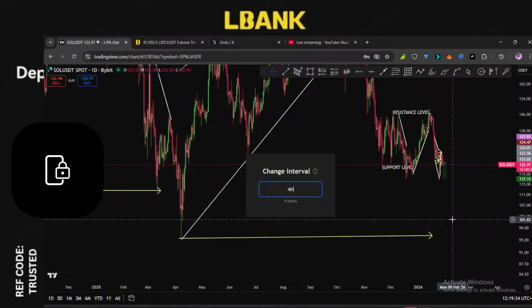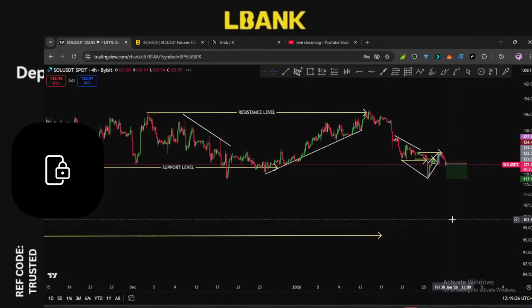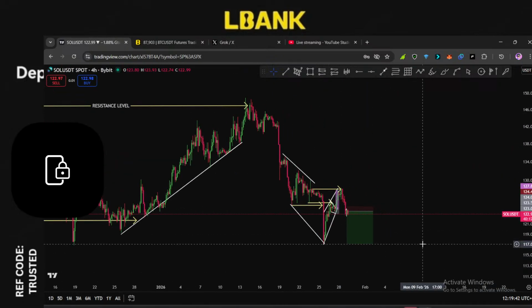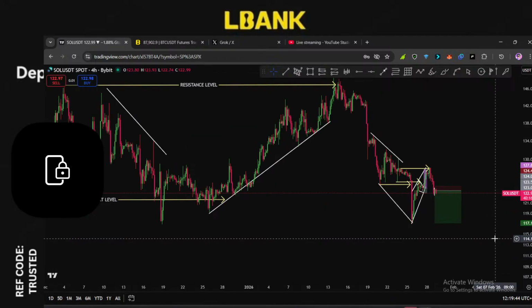Up to the 4 hours time frame, we are done with the daily time frame now. So this is the 4 hours time frame. Don't forget, on our daily time frame, what are we seeing? We are seeing the bearish nature of this current trend.